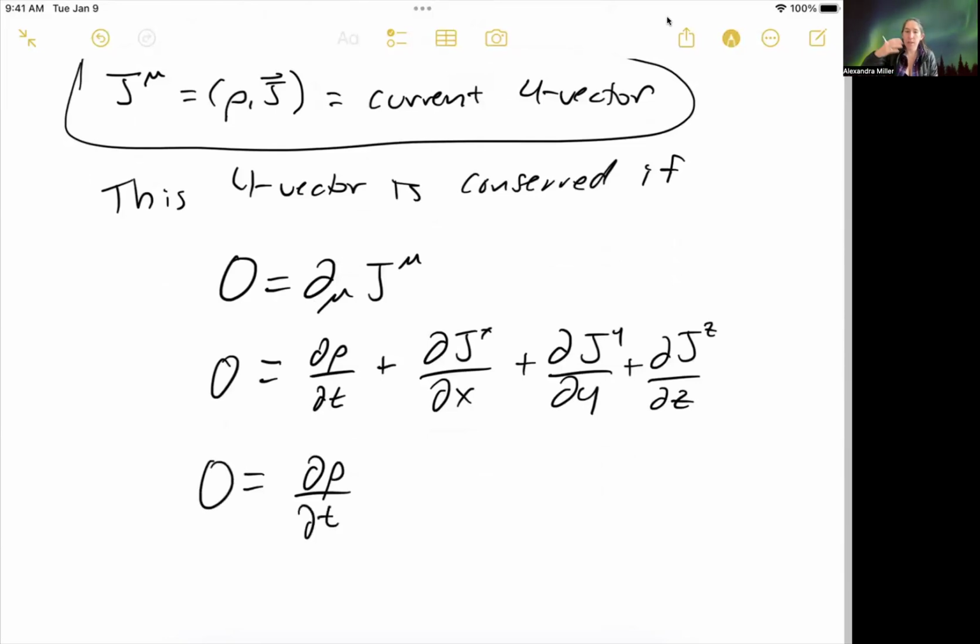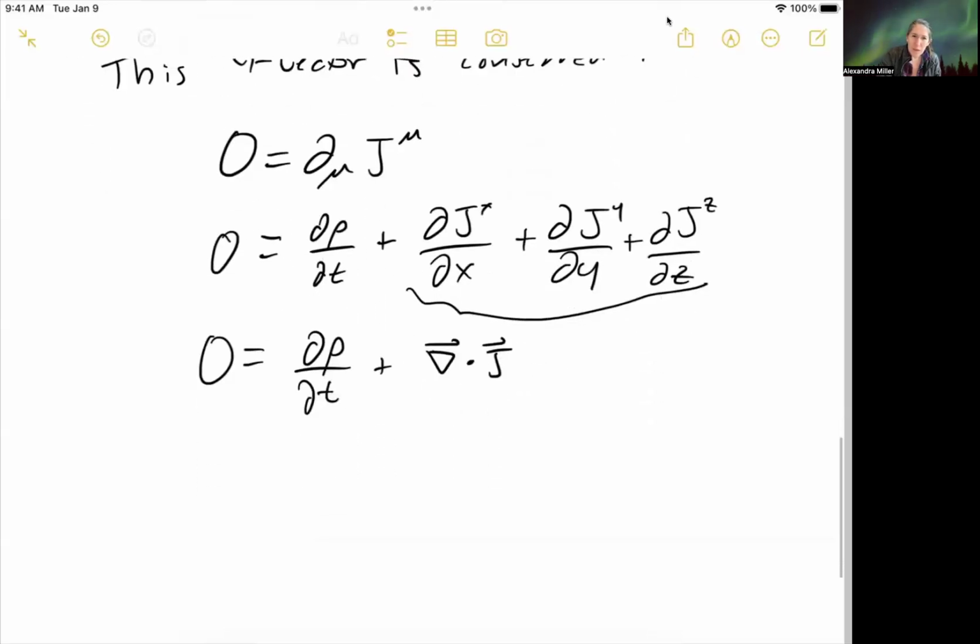So that is, how is our charge density changing with time, plus del dot j, which is just a simplified way of writing this object up here. So what does this thing mean? Well, it'll become a little more evident if we integrate both sides of this equation, right? What are we doing here again?